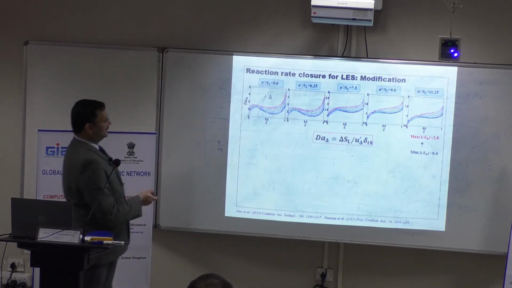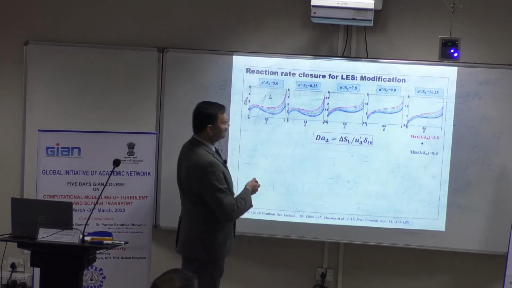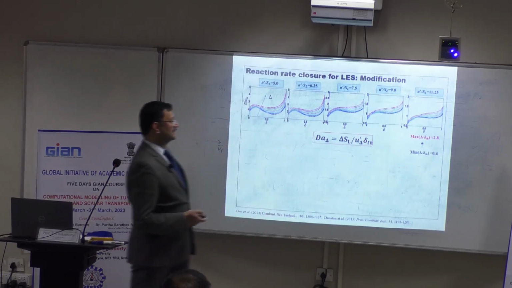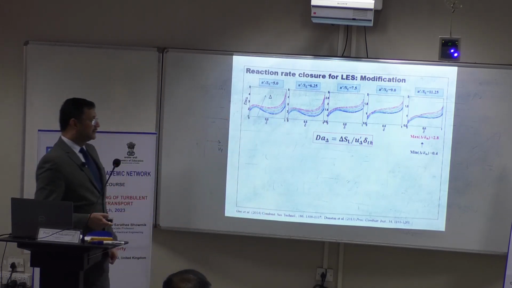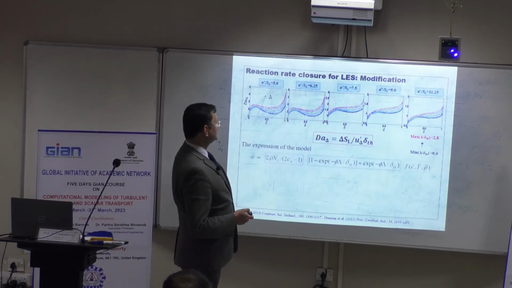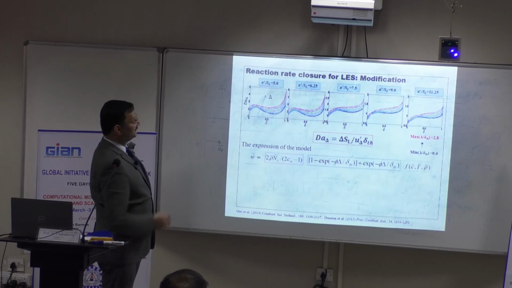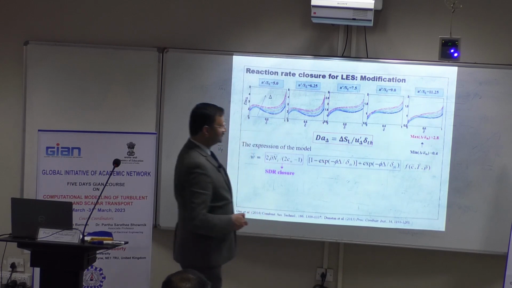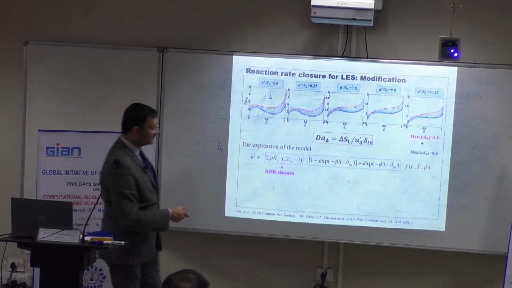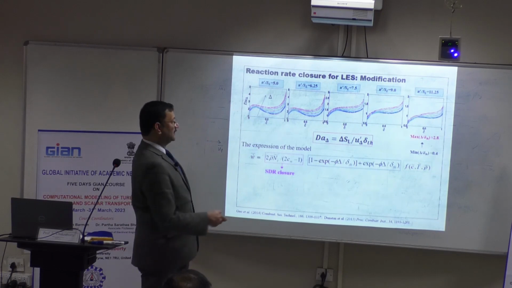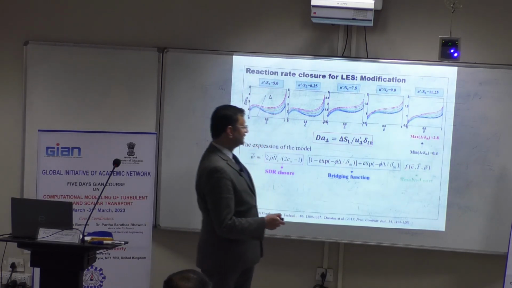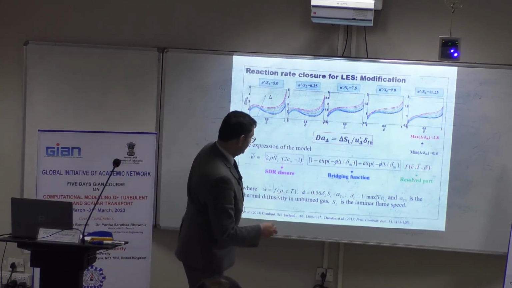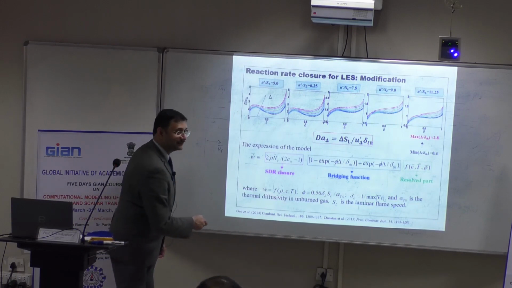So as you can see, if I define a subgrid Damköhler number like this, where this U prime delta is estimated based on the subgrid kinetic energy, it increases with increasing filter width. And we extended the RANS model in this manner, where these are essentially bridging functions. This is a function such that when we put the values of C, T and rho, you get the actual reaction rate.